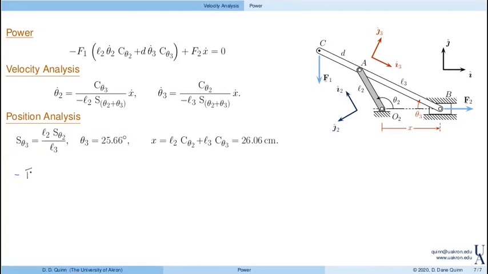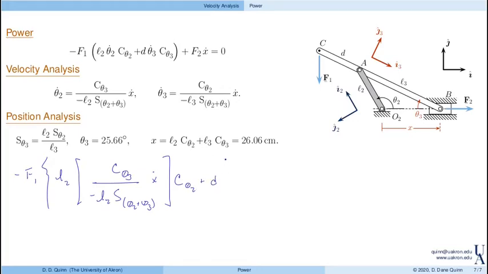So minus f times L2 theta 2 dot. Well, theta 2 dot was cosine of theta 3 divided by minus L2 sine of theta 2 plus theta 3 times x dot, cosine of theta 2.